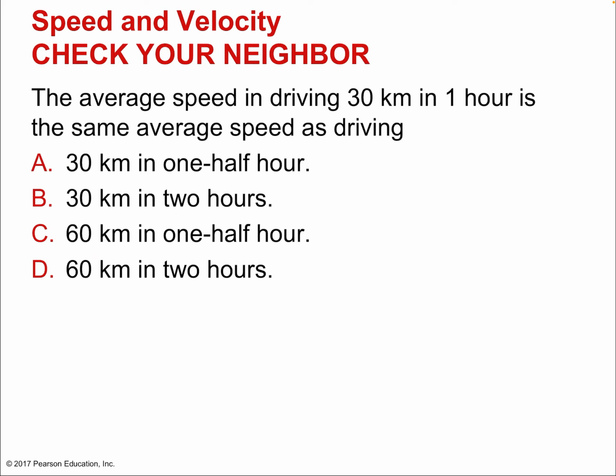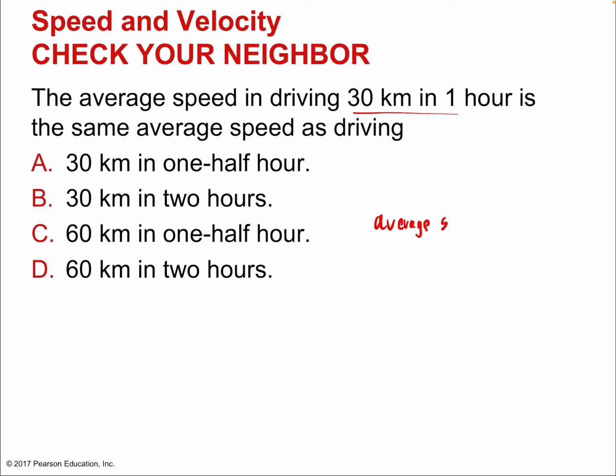So to make sure you have the idea of average speed, let's do a calculation. The average speed in driving 30 kilometers in 1 hour is the same average speed as driving what? 30 kilometers in half an hour, 30 kilometers in 2 hours, 60 kilometers in half an hour, or 60 kilometers in 2 hours? Think about the equation.